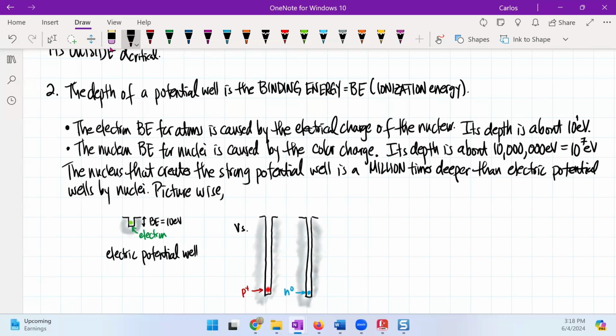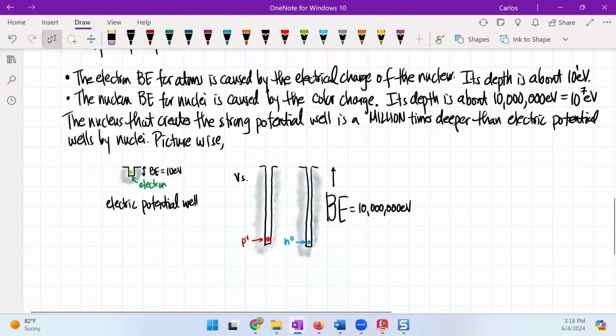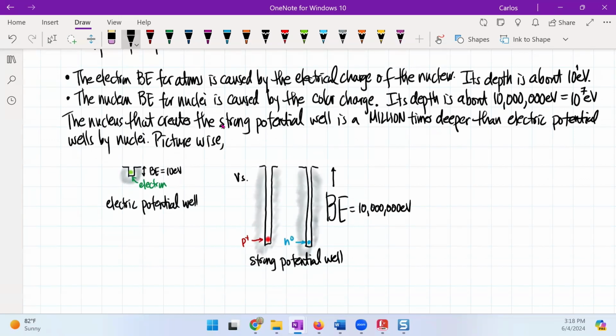This depth is much, much larger, at essentially 10 million electron volts. These are the strong potential wells.